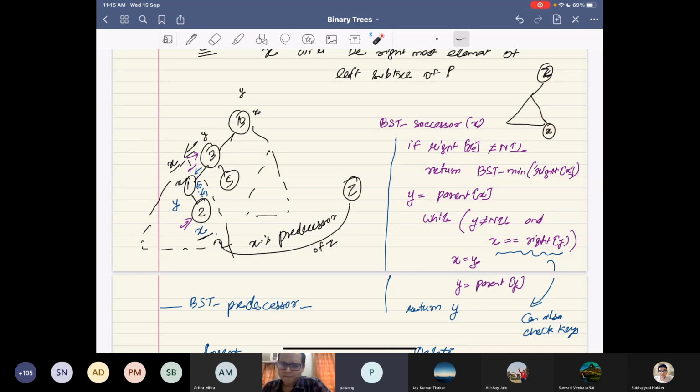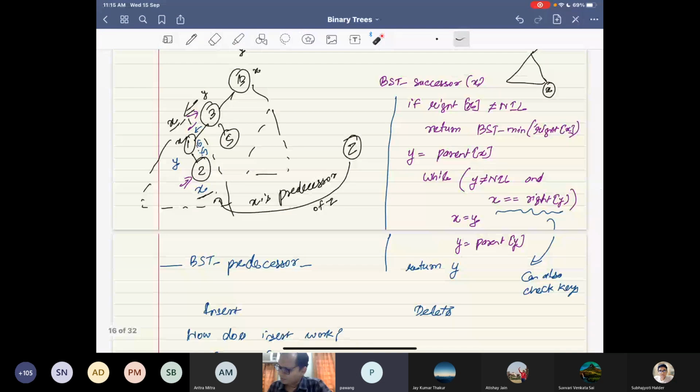If x is the right child of the parent, I have no issue. But as soon as x becomes the left child of the parent, that parent is my actual successor. And that is what you see in the pseudocode: while y is not null and x is the right child of y, I keep on doing this. How do I go up? y is the parent of x, so x equals y, and y equals the parent of x. That's what I do in this loop. Okay.